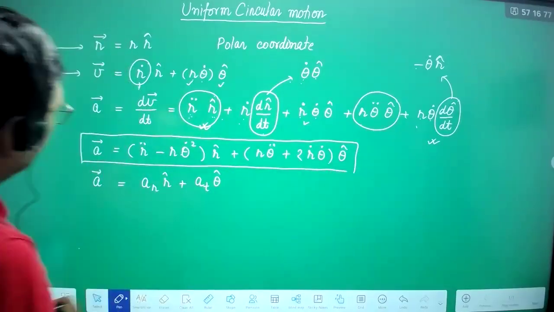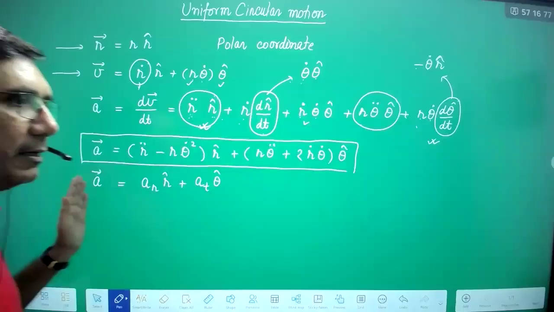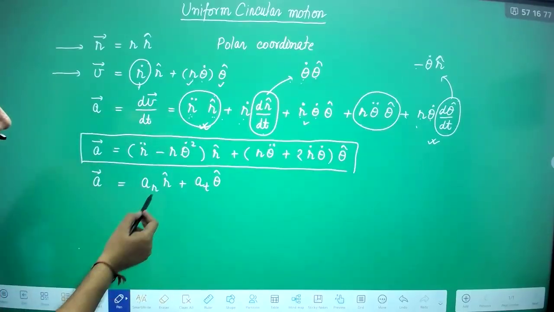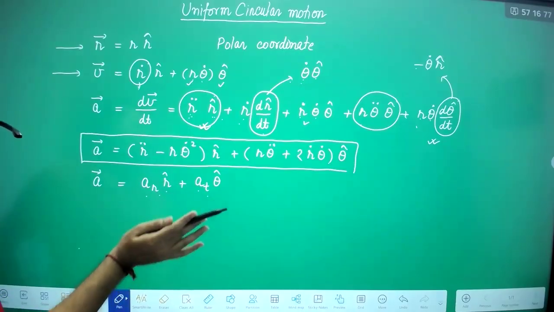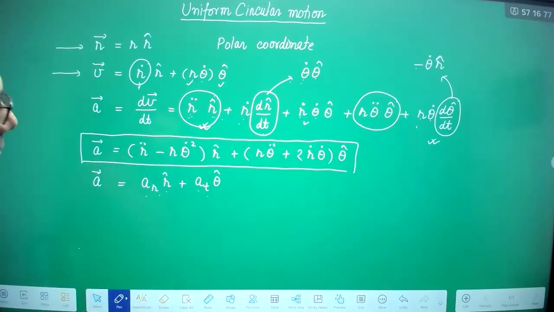In terms of polar coordinates, if a particle is moving in a plane, then 2 types of acceleration will be possible. One will be the radial, AR, and another will be AT, tangential or transverse to the radial position. So this will be AT theta cap. So 2 types of acceleration will be possible.